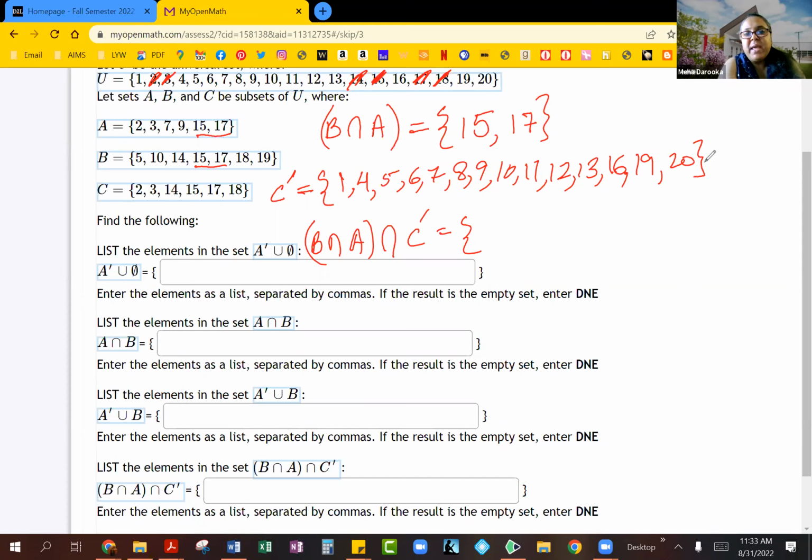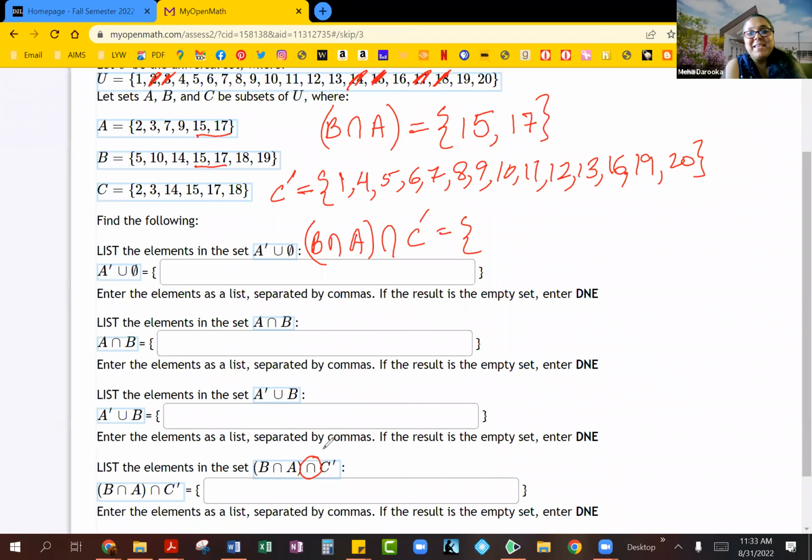All right, so now we have the B intersect A, we have the C complement, and then of course you are doing an intersection between these two sets now. So what do you think is going to be in the intersection between B and A and C complement? Nothing.